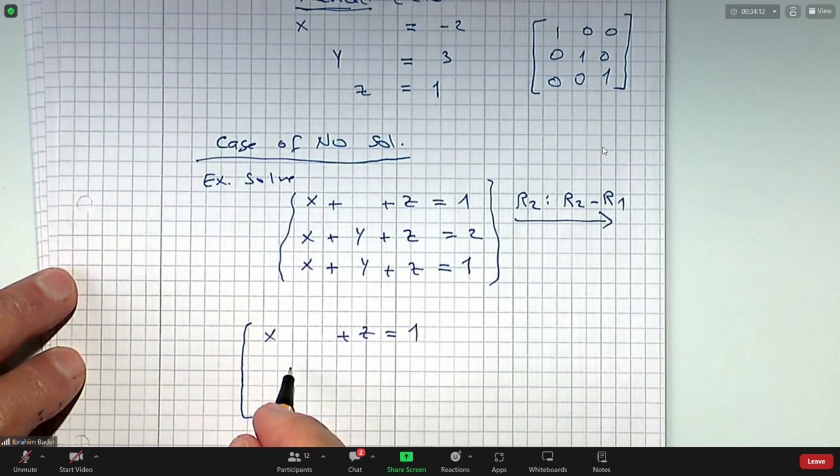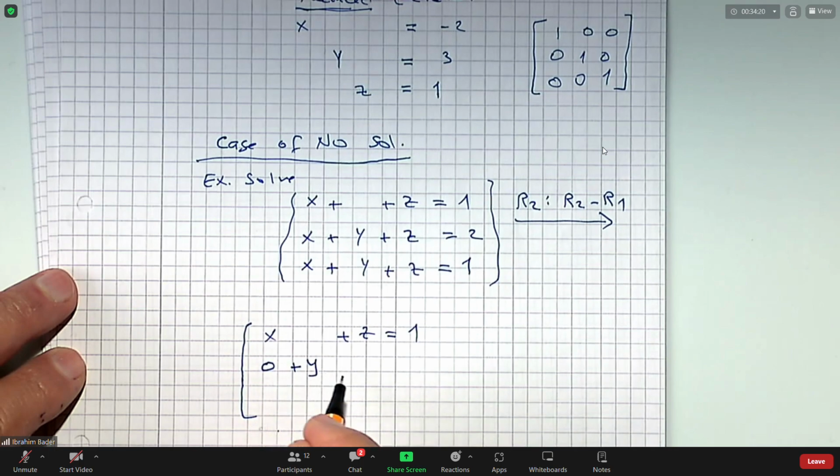Then here, what do I get? 0, then I got here y. Here z minus z is another 0. And this is equal to 1, right?